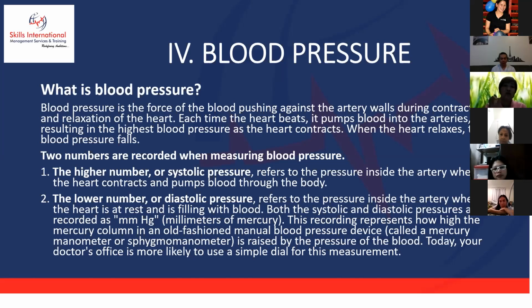So we have two numbers that we need to record when measuring blood pressure. You have to remember that in blood pressure taking, we have two numbers. The higher number, which we call the systolic pressure or the systole, refers to the pressure inside the artery when the heart contracts and pumps blood through the body.